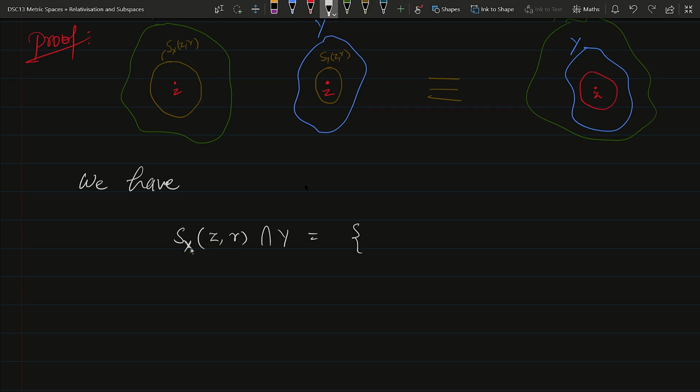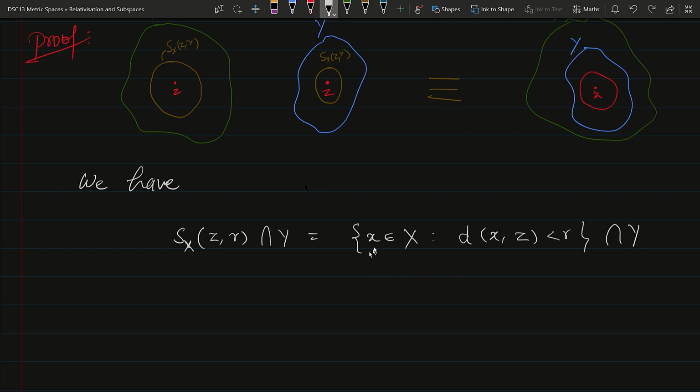Okay, so when we look at it in x, what is this ball? We are collecting all the elements from the metric space x for which d of x, z is less than r, right? And then this is our ball, this is the definition of ball, and then take the intersection with y.